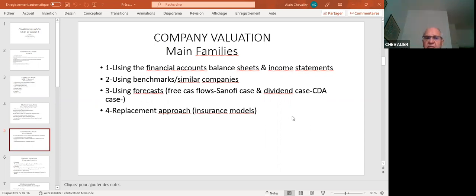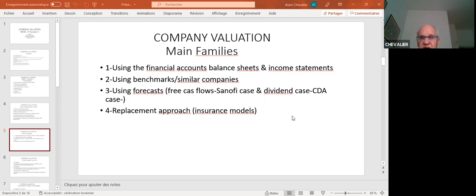So to summarize, we can also use forecasts of cash flows and forecasts of dividends. We have a problem of terminal value, of convergence, and we have to see what happens with different data.